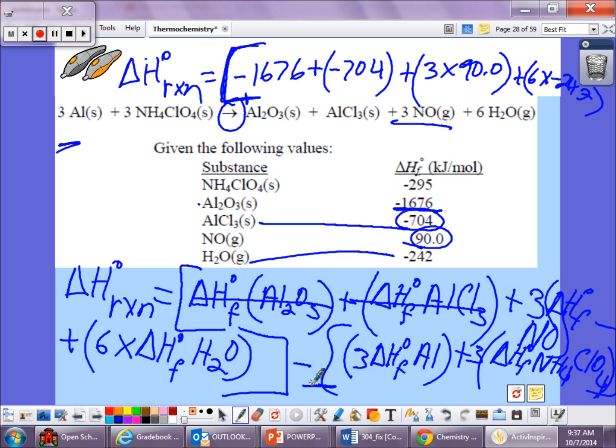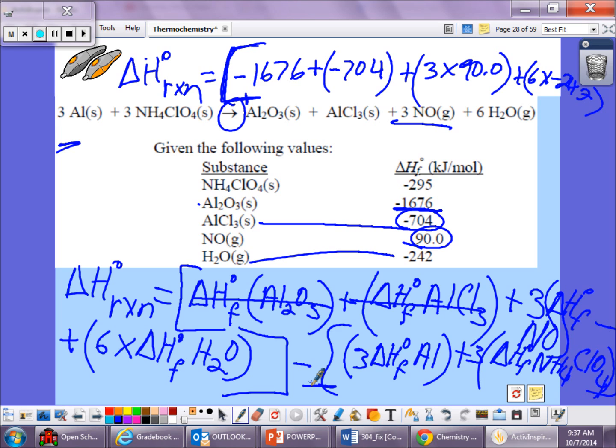3 times the delta H of formation of just aluminum. Guess what? Listen carefully. The standard enthalpy of formation of any element in its standard state is 0.